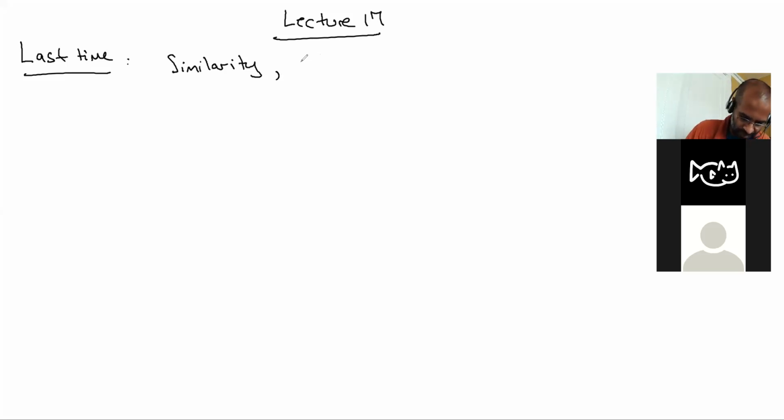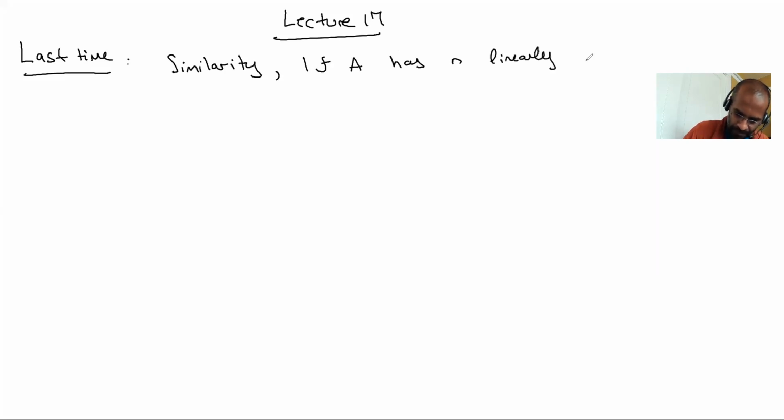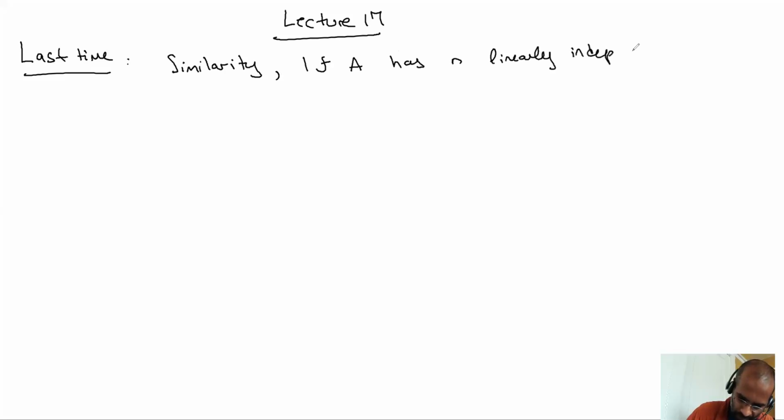So the main thing we observed is that if A has n linearly independent eigenvectors, v1 through vn, so this is an n by n matrix, then you can write A as PDP inverse.